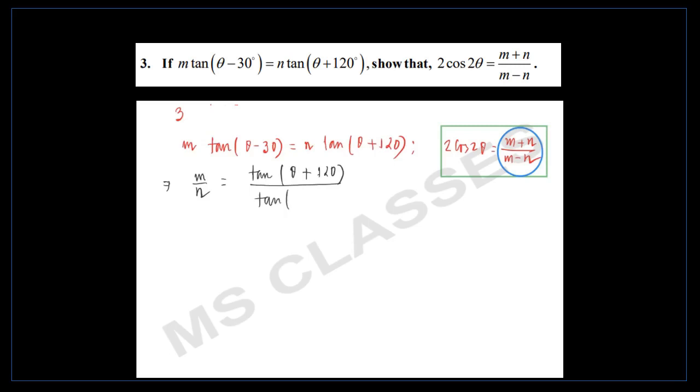Tan(theta minus 30). Now, in this case, obviously you can apply componendo and dividendo. There's no problem. You can directly apply it, and then you can think also. Suppose you don't want to think anything. I know this componendo and dividendo and I'll directly apply it. So no issues. You can do that using componendo and dividendo.